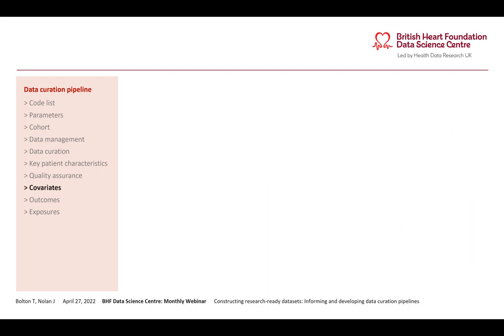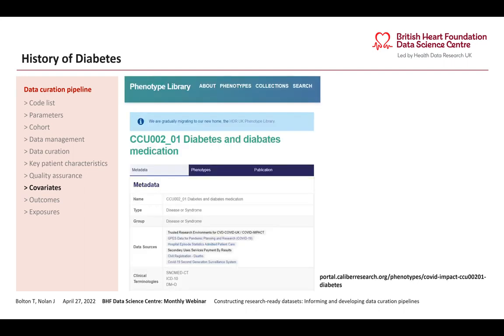So moving on to covariates. John will provide an overall summary of the covariates that have been generated in the two TREs, but I'm going to just describe the process for a single covariate. So considering the history of diabetes, again, we've used the CCU 002 definition, which included more than 1,800 codes across 3 terminologies.